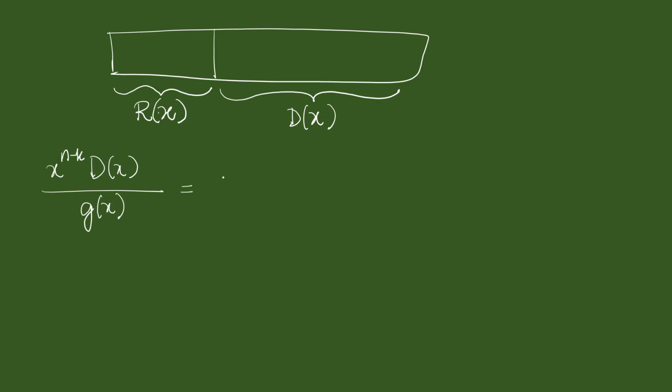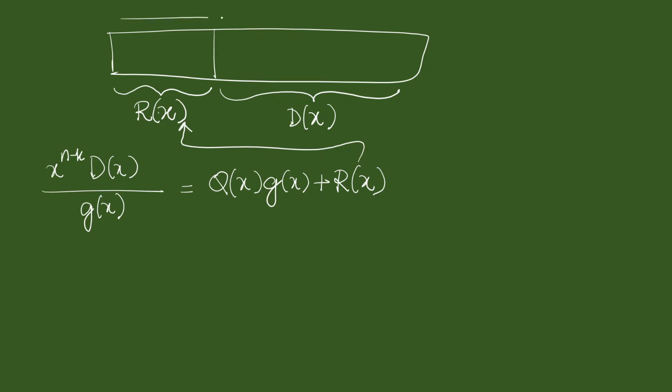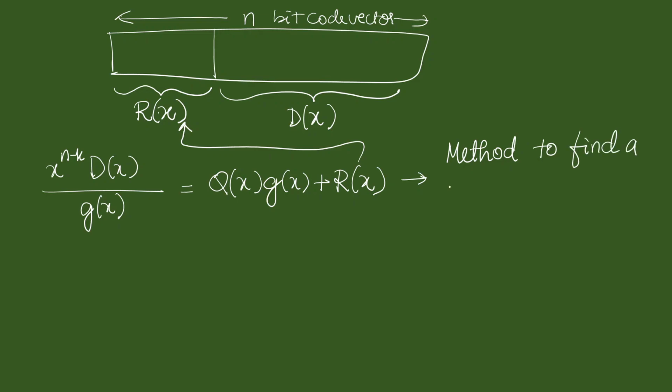By this I get some quotient polynomial q of x multiplied by g of x, and I am left with one remainder polynomial. This remainder polynomial will go into the part of an n bit code vector. So this is the method to find a systematic cyclic code.